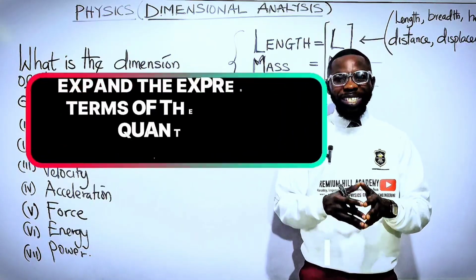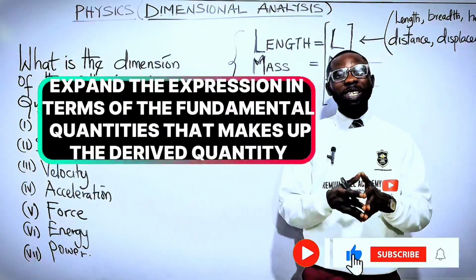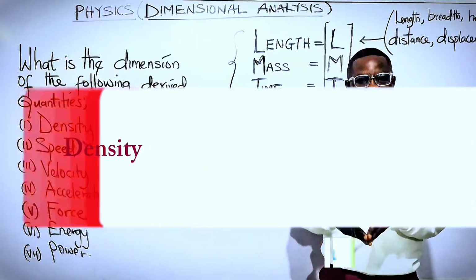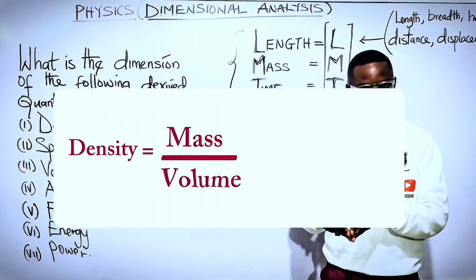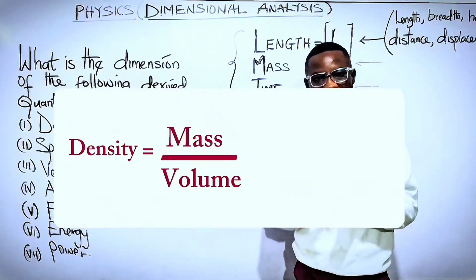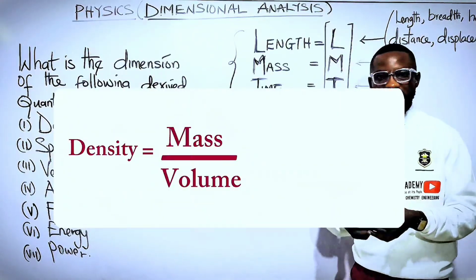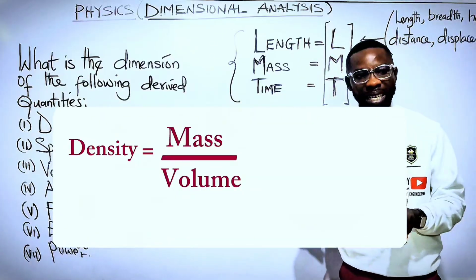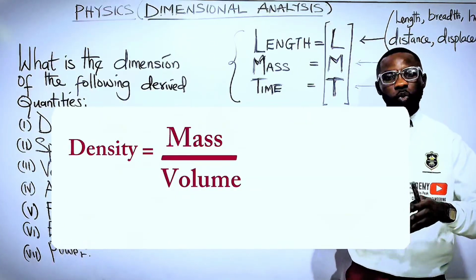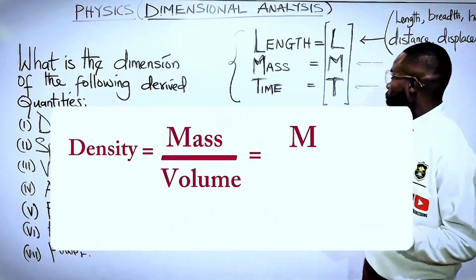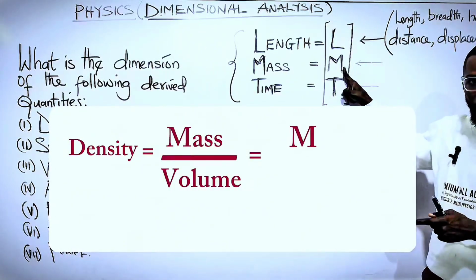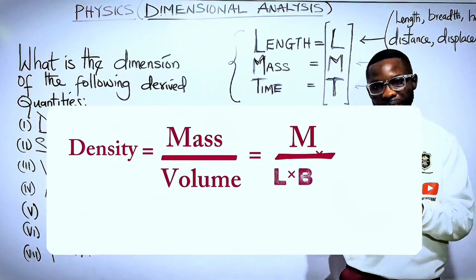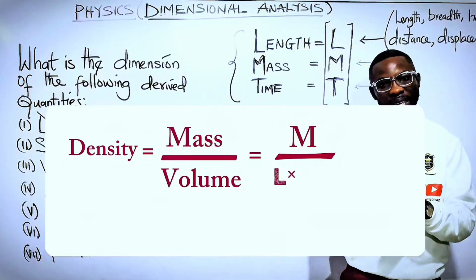Number two, we expand the expression in terms of the fundamental quantities that make up the derived quantity. I'll explain. The formula for density is mass over volume. If you check the numerator, mass is a basic fundamental quantity, from the three we have: length, mass, and time. And so we express it by writing M. Now, the volume is length times breadth times height, which we said was length times length times length.